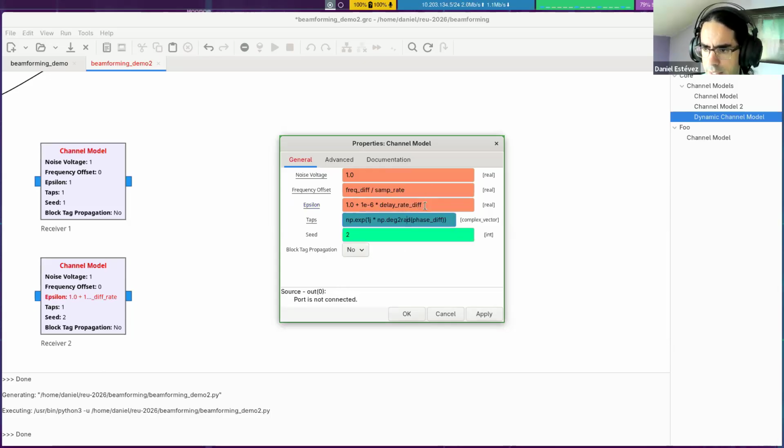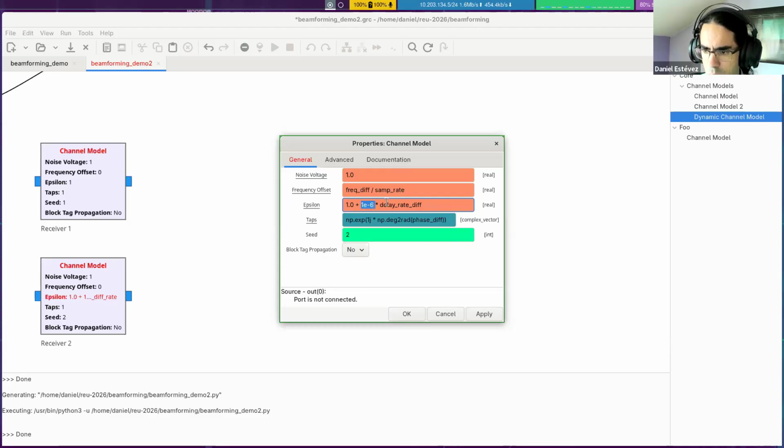So like this. The reason for this formula is, first, this is in parts per million. So if we want to convert to parts per one, we need to multiply by 10 to the power minus 6, which is in scientific notation represented like this. And then that is basically what we get.